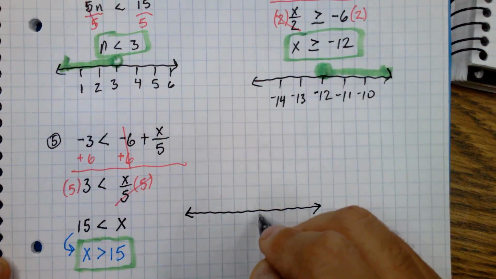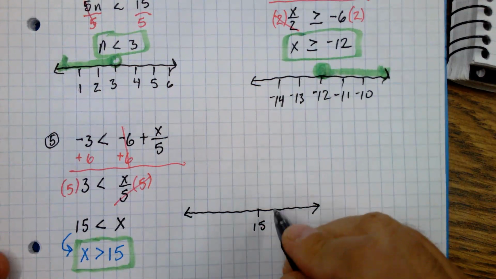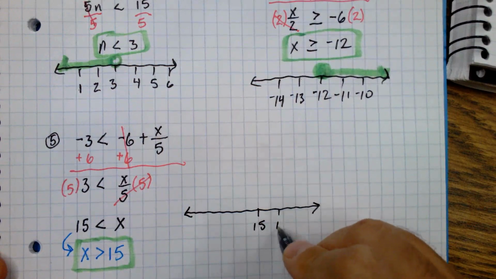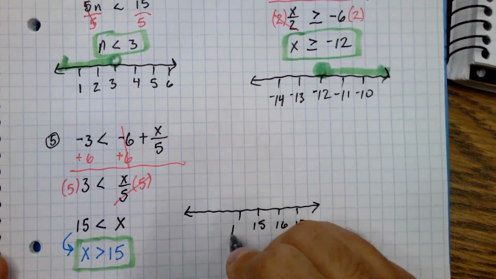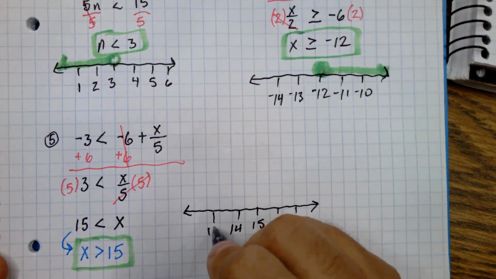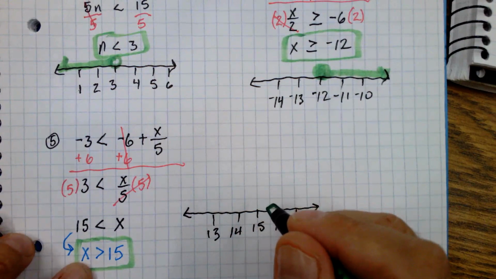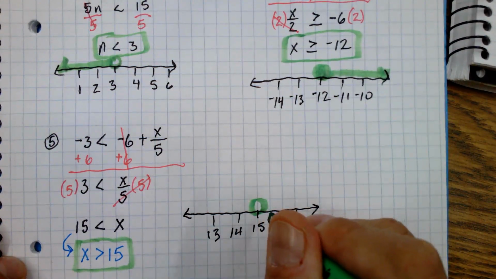And put 15 in the center. You can count by 1s, by 5s, whatever you like. I'll do 16, 17, and we want an open point and to the right.